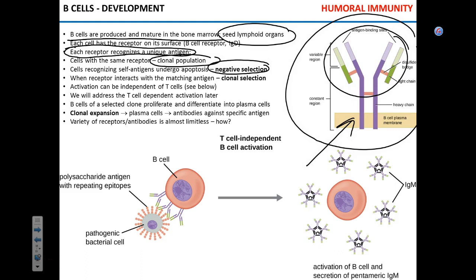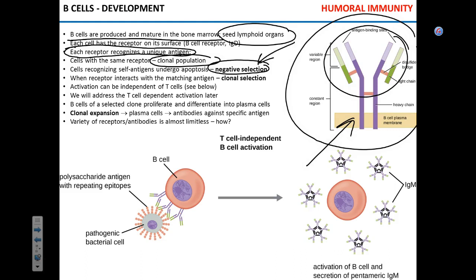Remember myelin in the myelin sheath of neurons? So imagine you have a population of B cells that can recognize myelin. What do you have to do with that type of population? Do you need it? Say again? Get rid of it. Yeah, this is called negative selection.